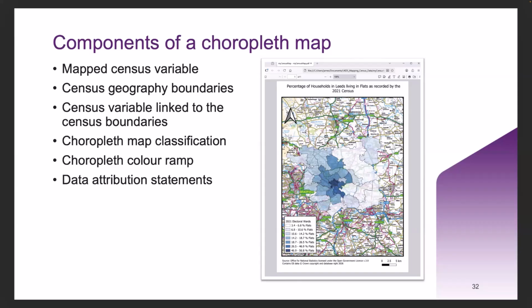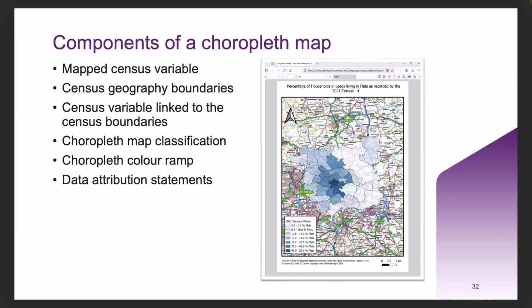And as I said before, we always have to include a data attribution statement, because although the data that you download from the UK Data Service is open access, there are conditions of using that open data, one of which is you attribute the provider of that data.